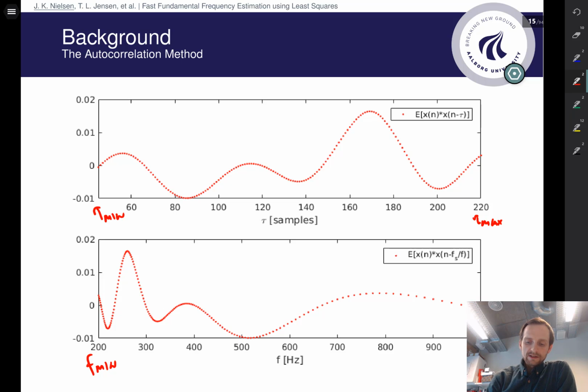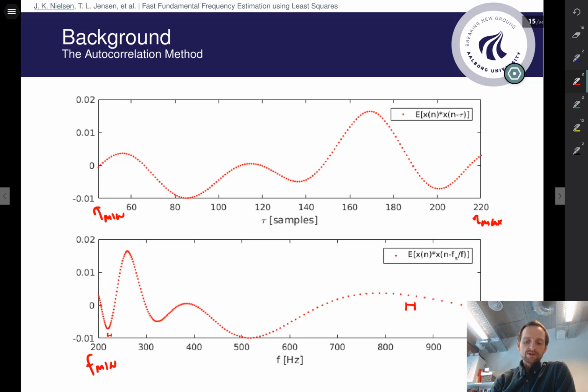You can also see here that the distance between two frequency points for a high frequency is bigger than it is for low frequency points down here. The reason is that we have a uniform distance between the points in the tau domain, and in the frequency domain this is no longer uniform.